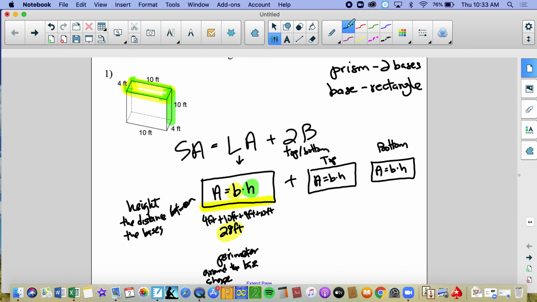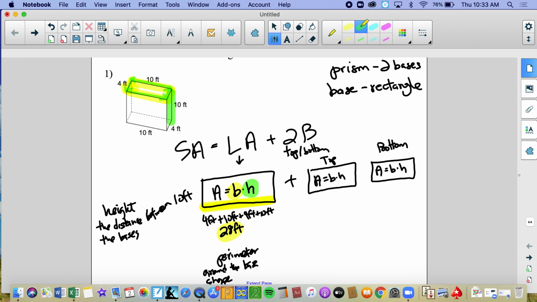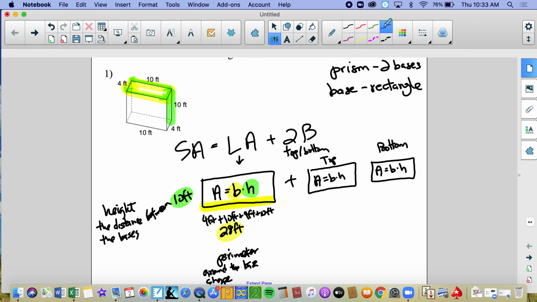So now I have enough information to find the area of this lateral area rectangle. It's base times height. My base is 28 and my height is 10 feet. So 28 times 10 gives me a total of 280 feet squared.